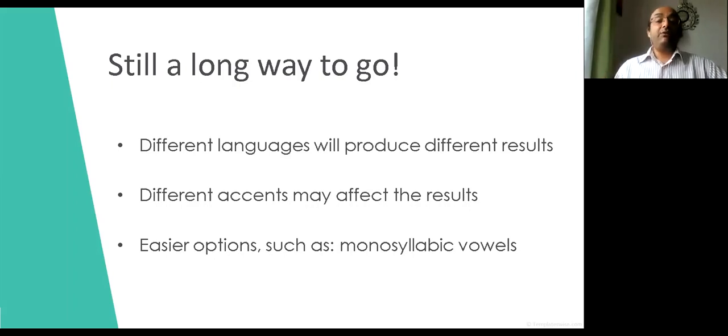So this will be a problem. And then in the same language, different accents may affect the result. We have a collaborator from Brazil, and he told us that Portuguese spoken in Brazil is quite different from the Portuguese spoken in Portugal. So the same language with a different accent will produce completely different results.